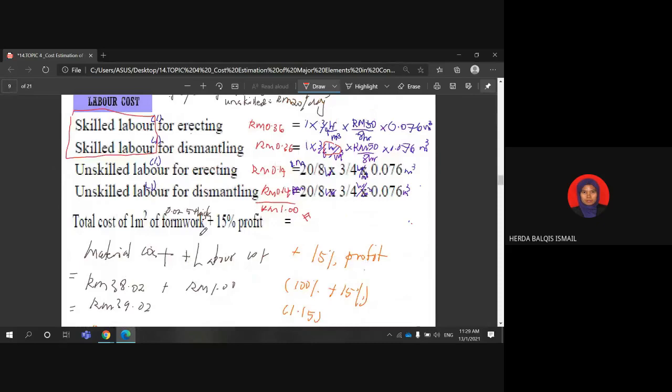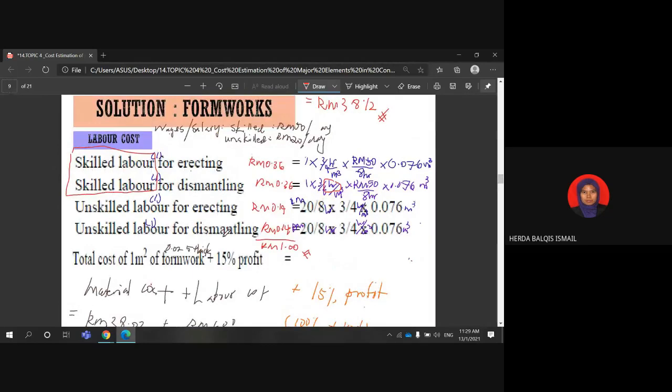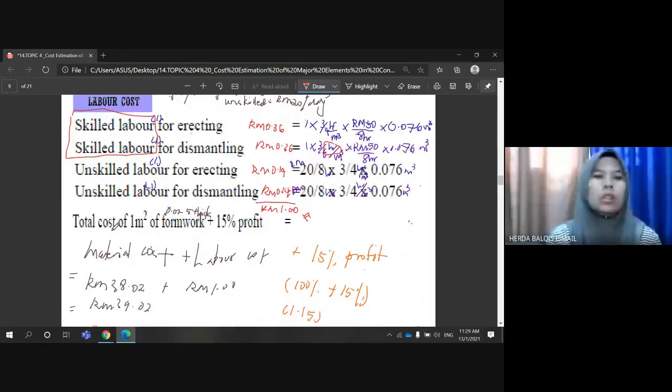So we get the labor cost for this particular work. Next, we want to calculate the total cost of the formwork, plus 15% profit.